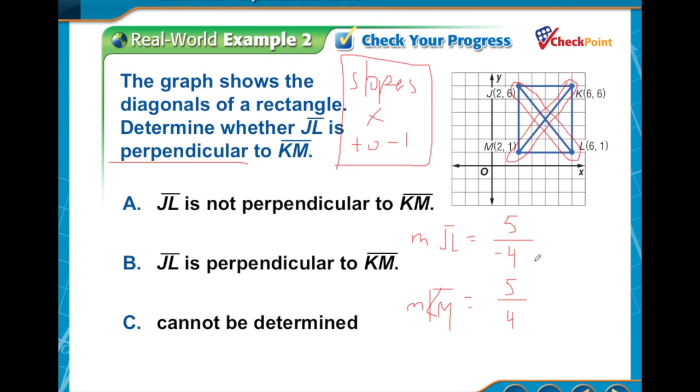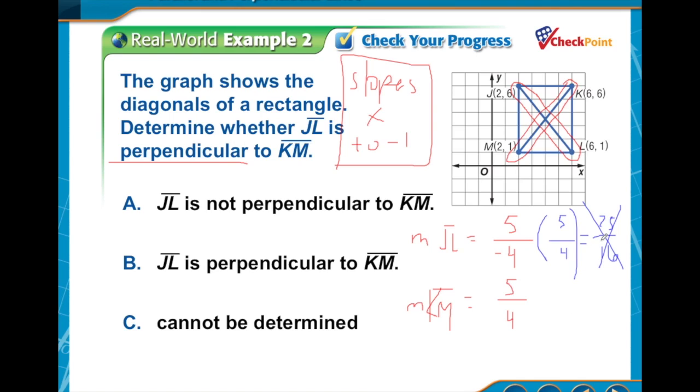Now if I were to multiply these two together, what would I get? Well, I would not get -1. Instead, I would get -25 over 16, which we know is not -1.